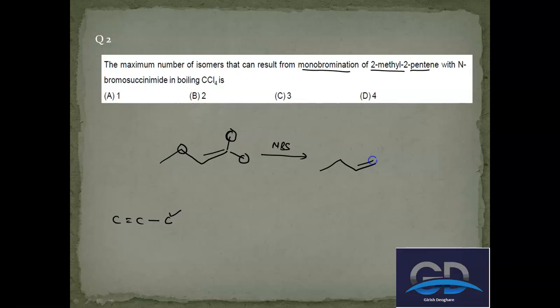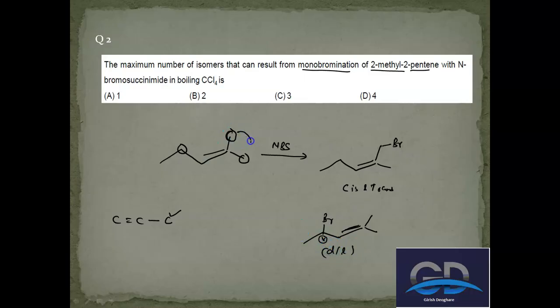So if this particular carbon is replaced, then we can have two possibilities. It can be cis and trans possibility over here, right? And the second possibility, when this side is replaced by bromine, in that case there is no geometrical isomerism possibility, but we can see that this is an asymmetric carbon, so we'll have a DL configuration happening over here.